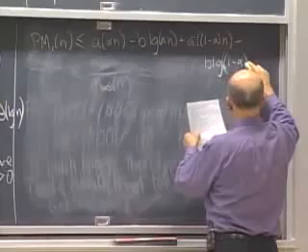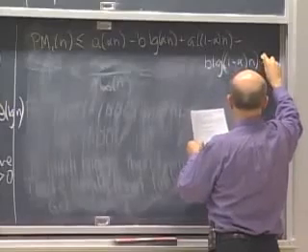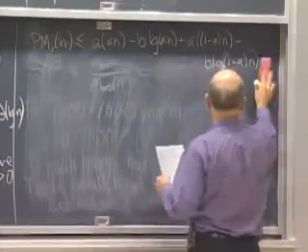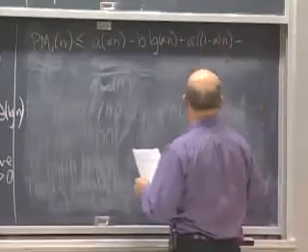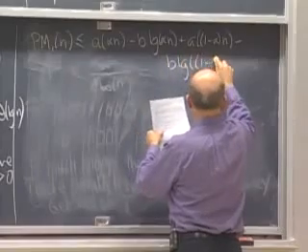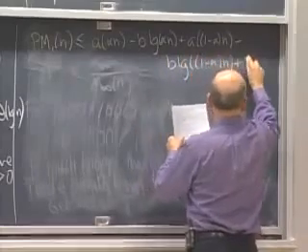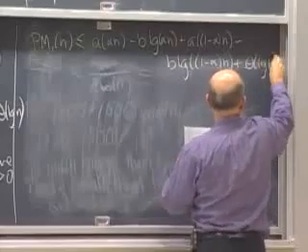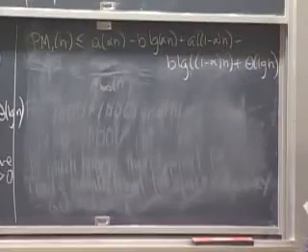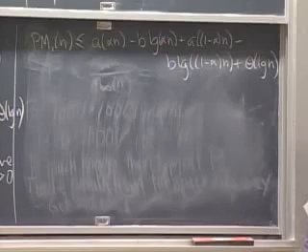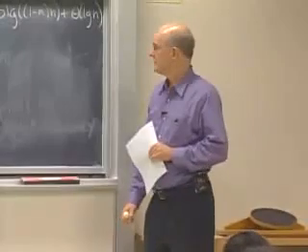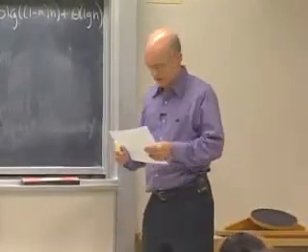Need another parenthesis there. Didn't even leave myself enough space here. Plus, let me just move this over so I don't end up using too much space. So plus theta of log n. How's that? We okay on that? Okay, so that's just substitution.